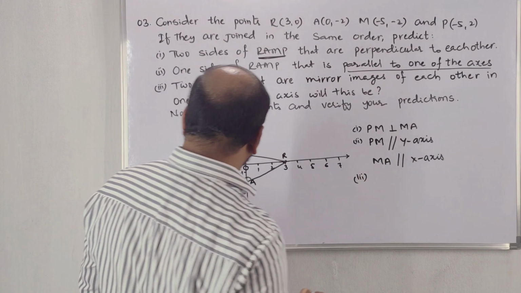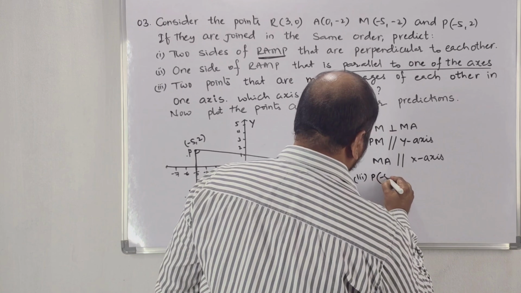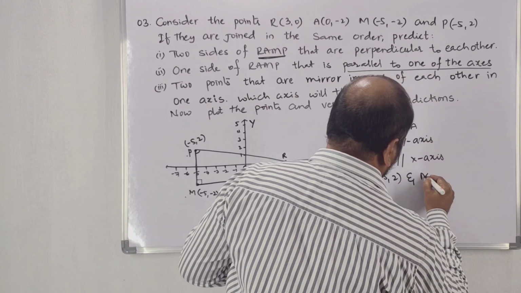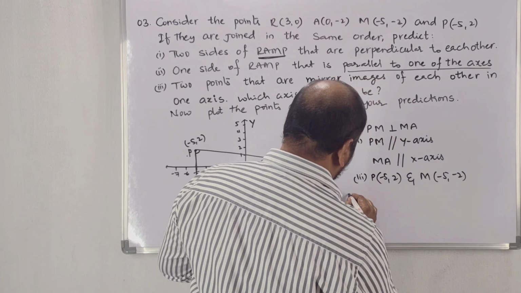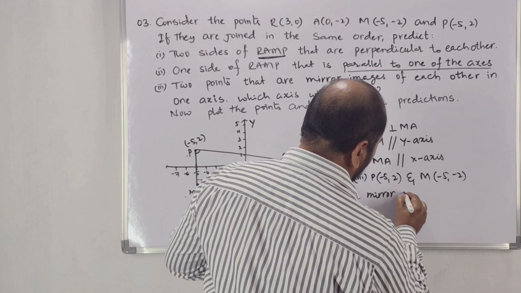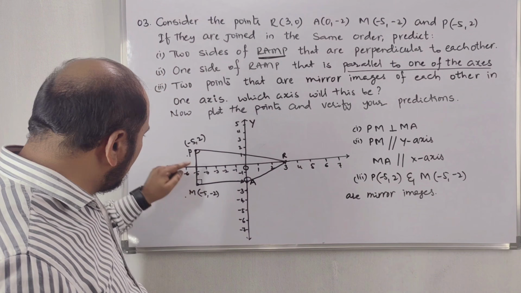I will tell you the reason behind this. P(-5, 2) and M(-5, -2) are mirror images.